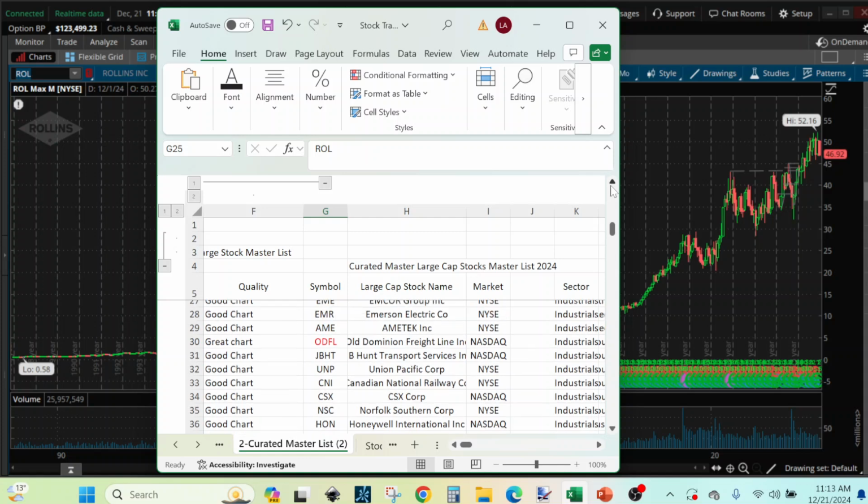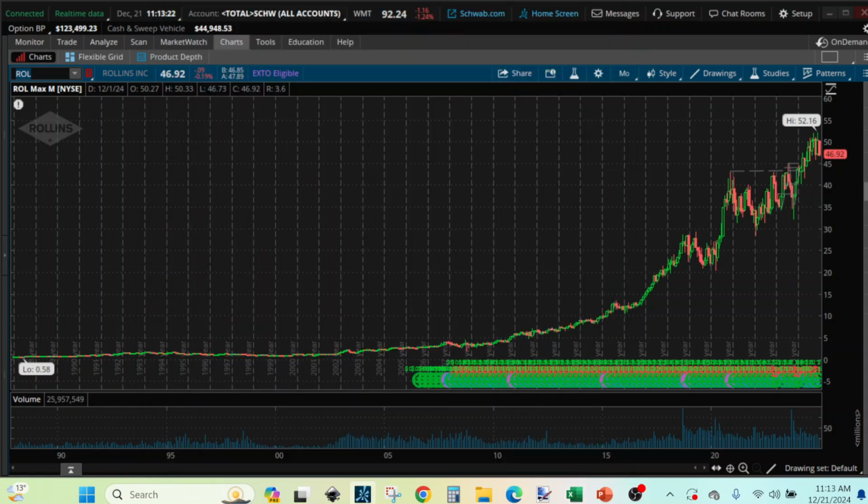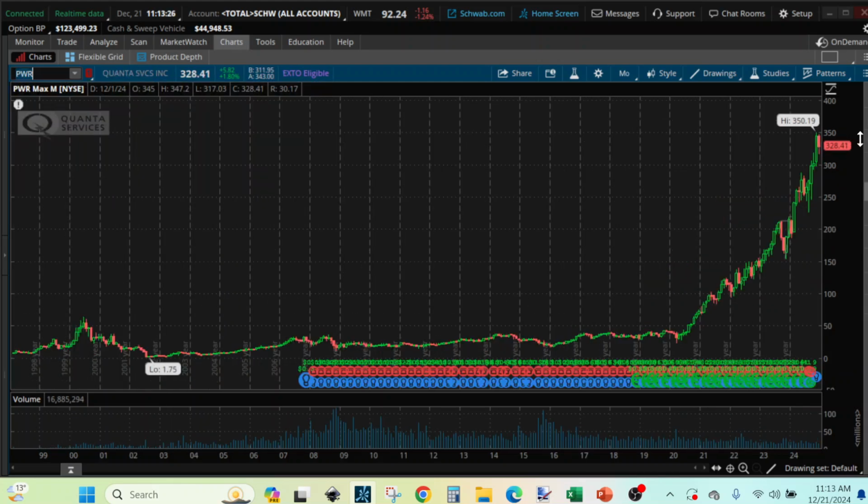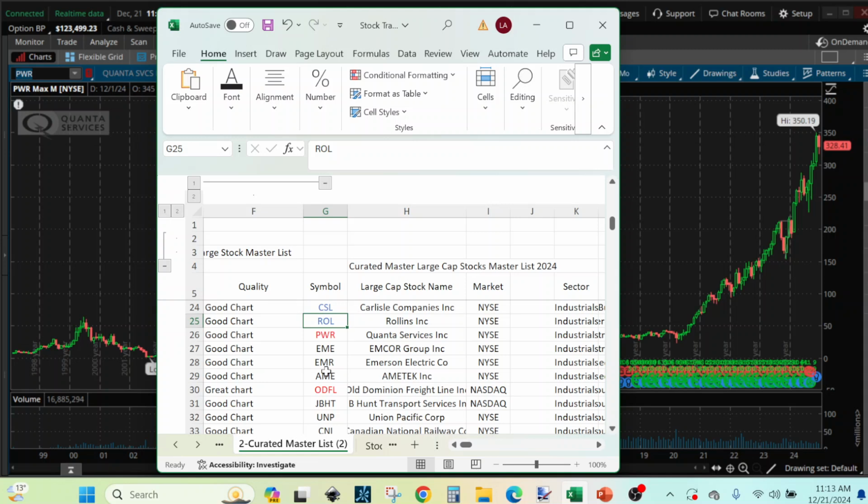The next one is PWR. And PWR, the price is there, prior year mountains are below. It is a keeper, and that is a clean chart there.